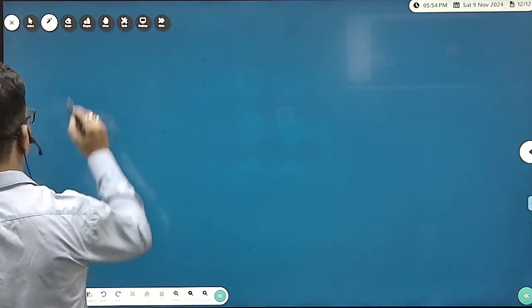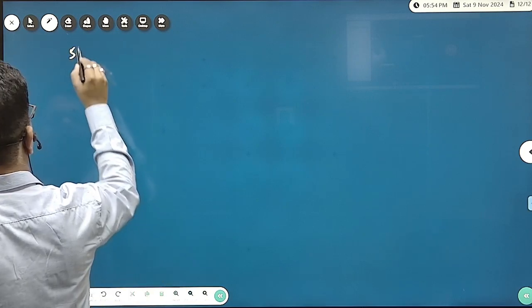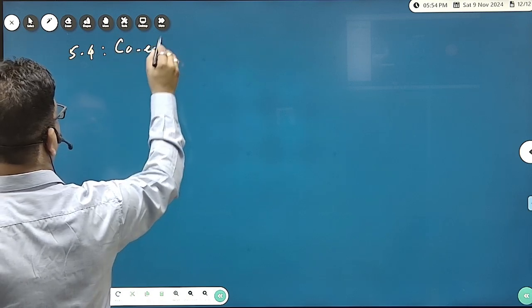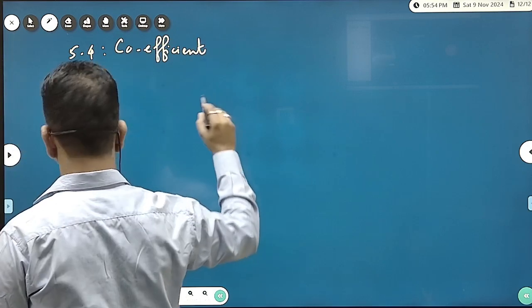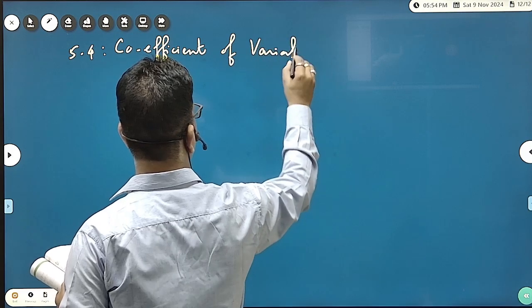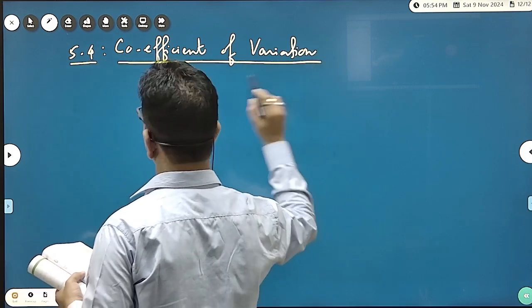Okay, so it is module 5.4. First you do that, and then you write this: coefficient of variation. That is variance, now coefficient of variation.